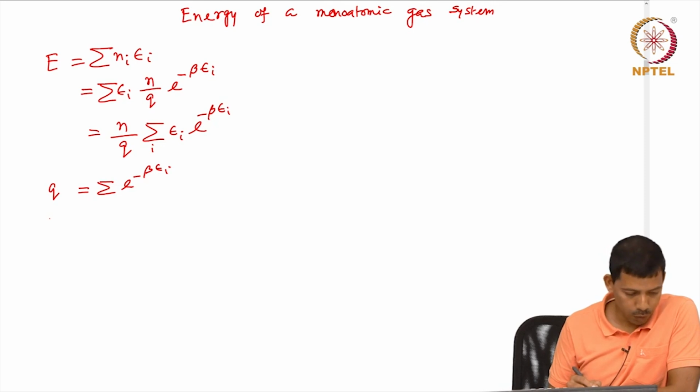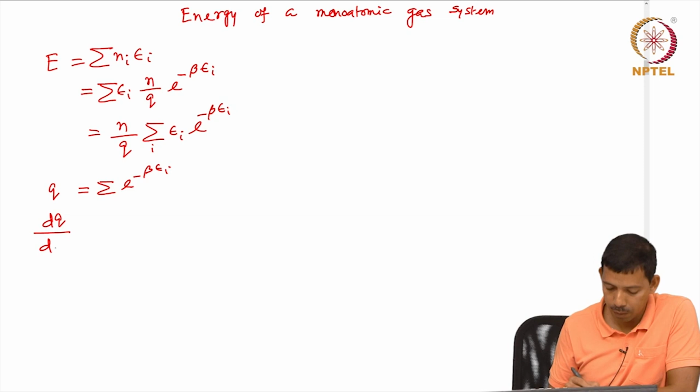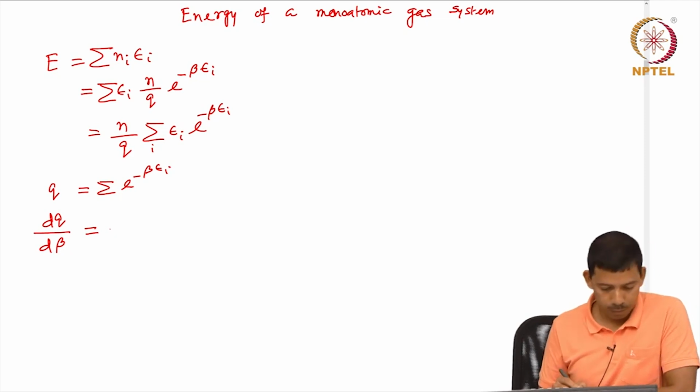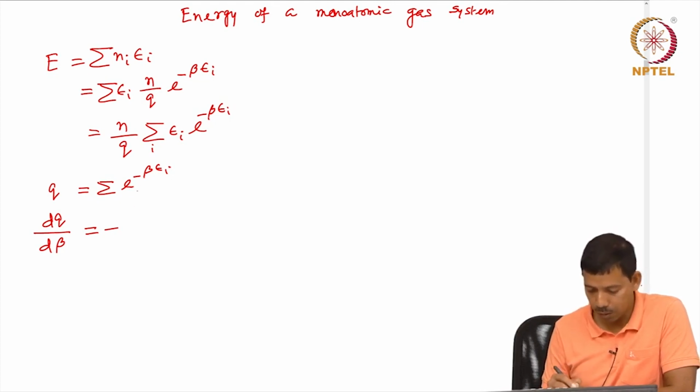So if I want to find dQ by d beta, what we will get is minus, because we are differentiating with respect to beta, so the minus comes out, and d beta by d beta is 1.